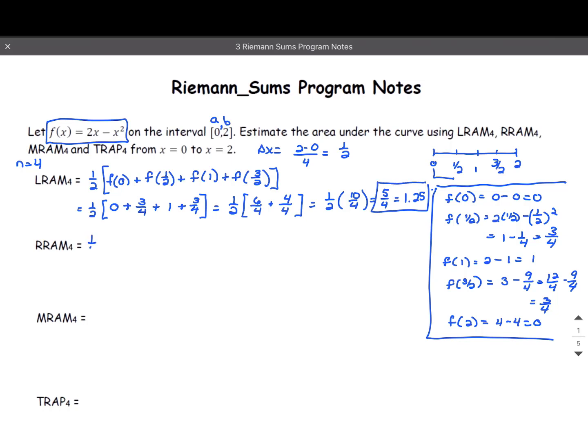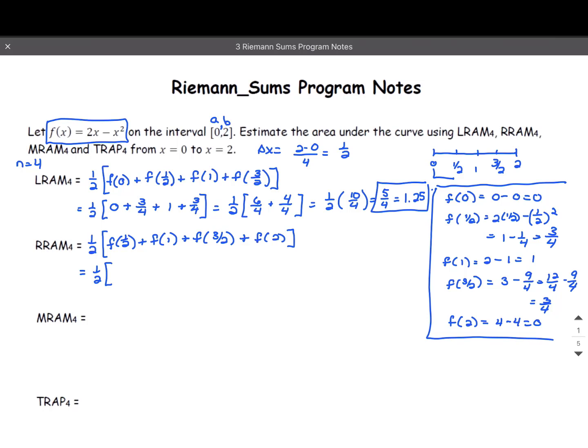Now we're going to do the RRAM. Each delta x is the same. It's 1/2, so I'm going to factor it out. Now for the RRAM, we use the right endpoint. So from 0 to 1/2, 1/2 is on the right. We're going to substitute that into the function. From 1/2 to 1, 1 is on the right, so we substitute that in to find the height. From 1 to 3/2, 3/2 is on the right, so we substitute that into the function to find the height. And from 3/2 to 2, 2 is on the right, so we substitute that into the function to find the height.